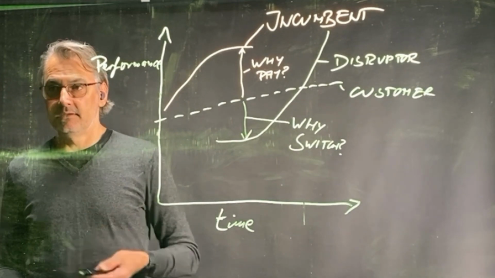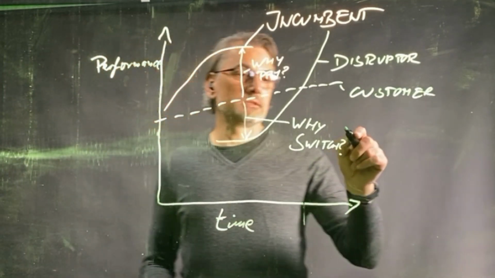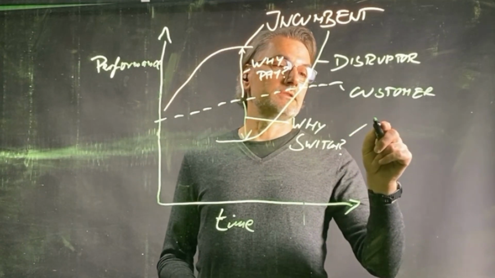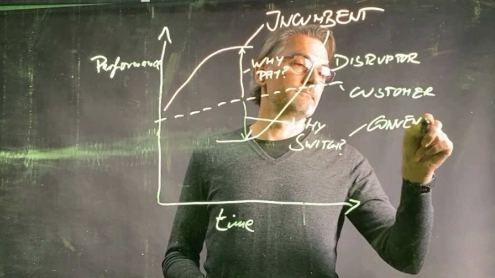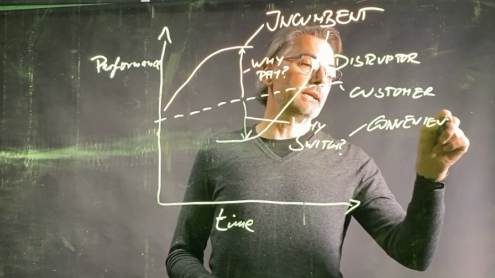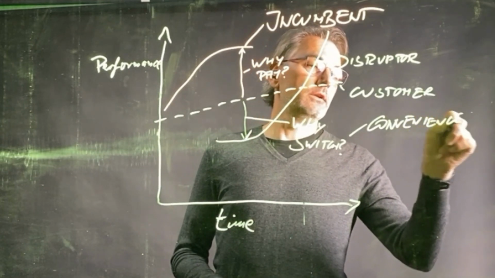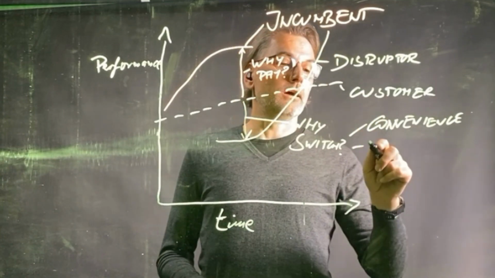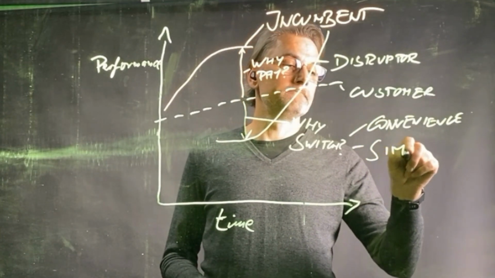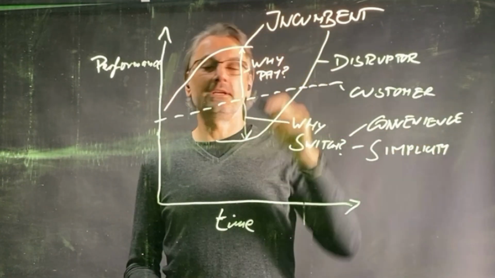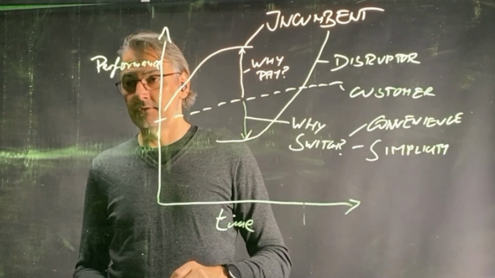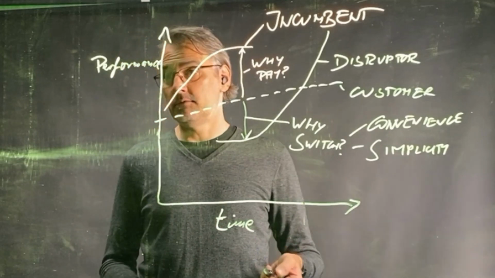There are three main things that the concept of disruption offers us. The first thing they do is they offer extra convenience. The second thing they do, the owners of the emerging technologies, they offer simplicity. Very often this overshooting comes with complications and complexity of the product, which not everybody likes.